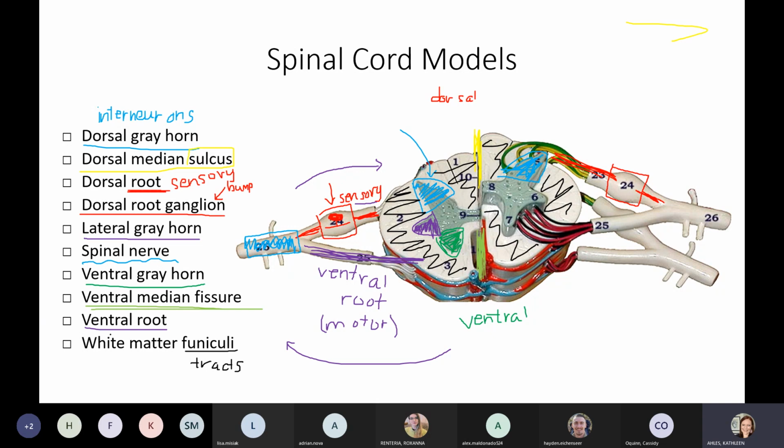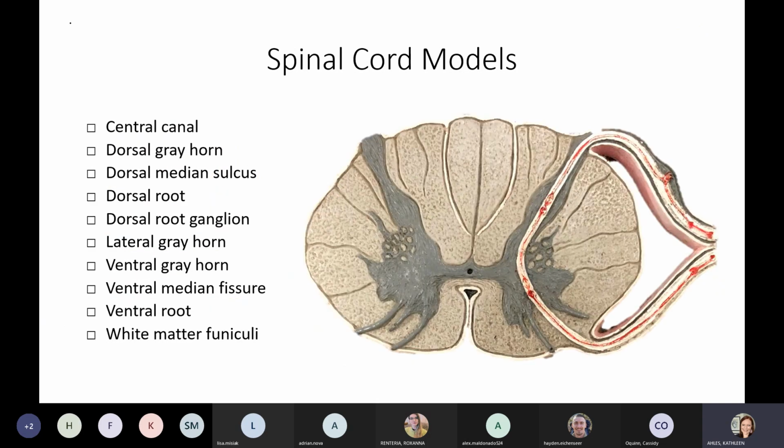All right, well, with us labeling this one all the way, I'm not going to label all the parts of our other models, but I am going to highlight some things that maybe we can see a little bit better on various ones. So one of the things that we hadn't seen up until this point is this circle thing right here. See this dot that I have in here?